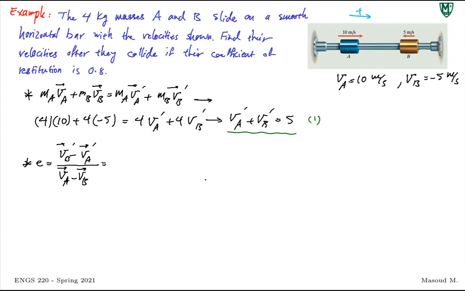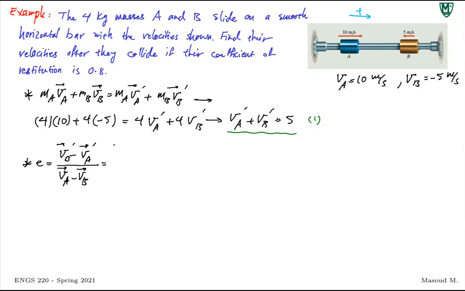In this case, VA is 10 and VB is minus 5. So when we plug in these values, you have to be mindful that VB is negative. That's the main reason I brought this example. I want to emphasize that these are vectors, and directions matter. Remember the positive directions that we assumed when we wrote those equations. Whatever changes, you have to take that into account.